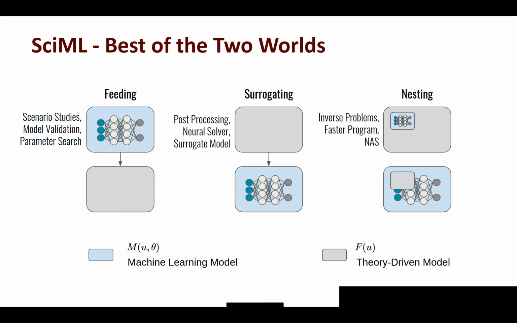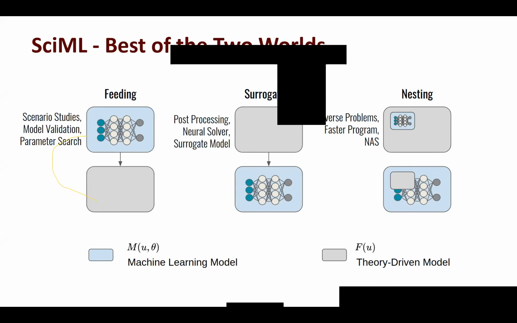Let me see if I have my annotation. So there should be a loop here that will help you get some feedback from your theory-driven model back to your generator. So your generator can know, not exactly, but roughly, statistically, what are the most suitable candidates that would be more interesting to the target I want to look for.